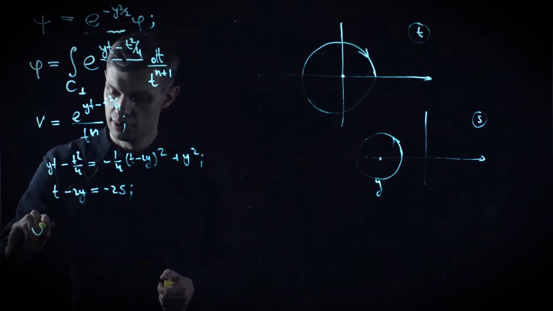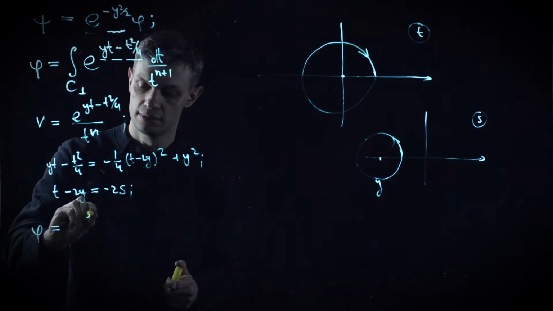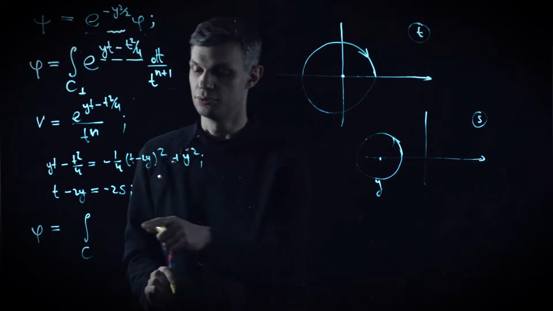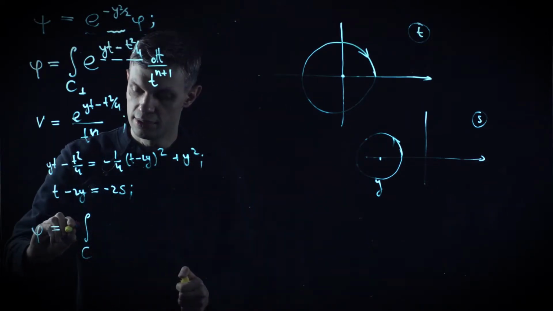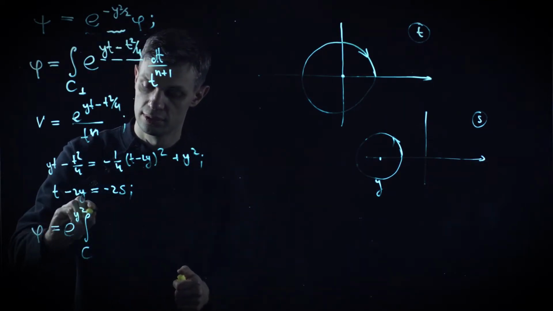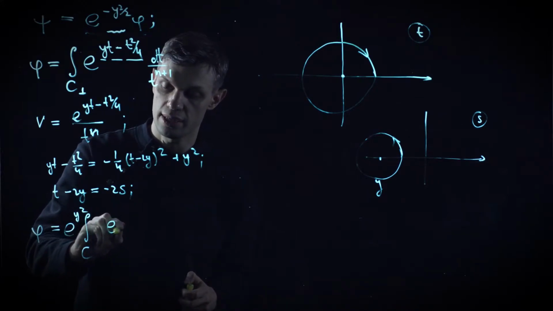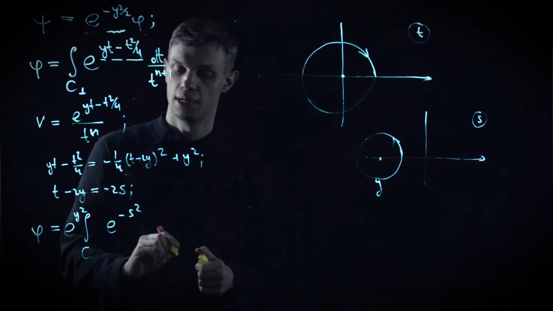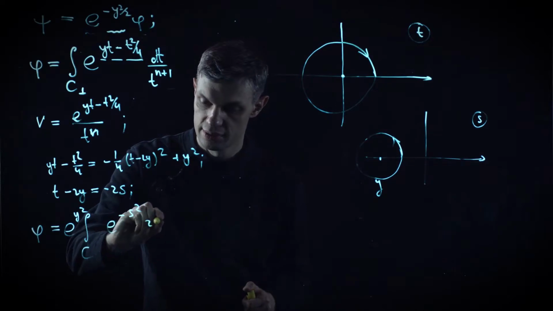So now our integrand becomes phi equals to this new contour. And since we detach the full square, we can factor out e to y squared. And under the integral, we'll simply have e to minus s squared ds, 2ds.